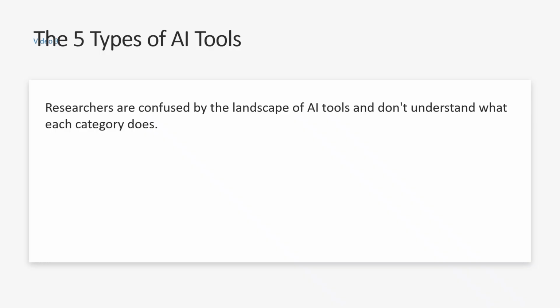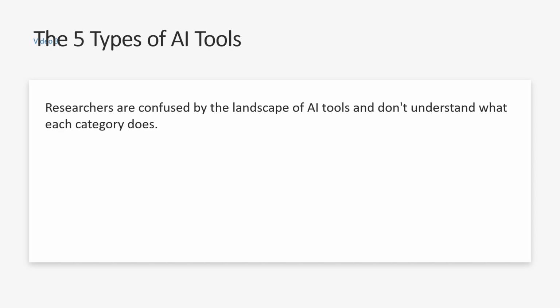Here is the problem we are solving today. Researchers are confused by the landscape of AI tools and do not understand what each category actually does. This confusion leads to several significant problems in practice. Some researchers try tools randomly, hoping to stumble onto something useful, wasting enormous amounts of time on tools that do not fit their actual needs.